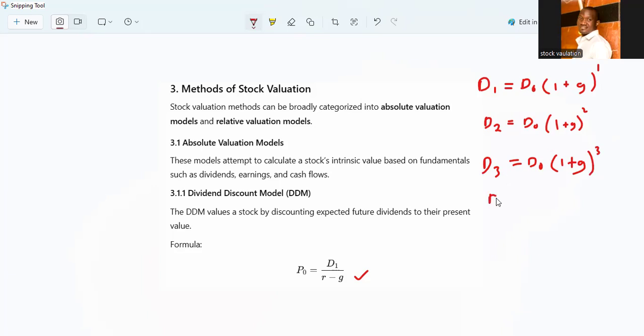Suppose we are at D4 from D3. Sometimes you may not have information for the first year, but they will give you information for the previous year. So D4 is equal to D3 times (1 plus growth) to the power of what? 4 minus 3, 1.